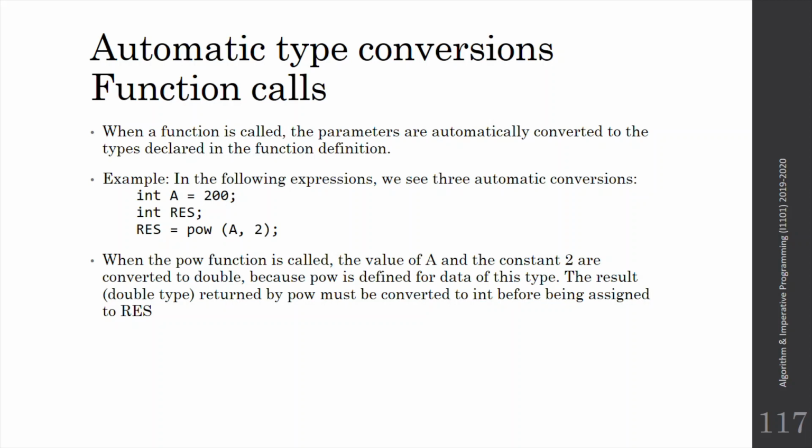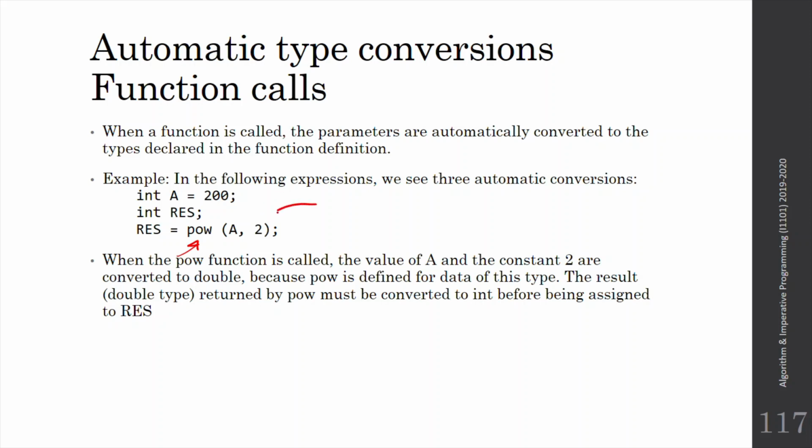Let's take another example. As I said earlier, all the functions in math.h, including power, need variables of type double. So here we have a equal to 200 and the variable res, which are all integers.